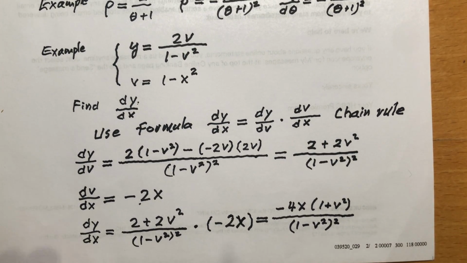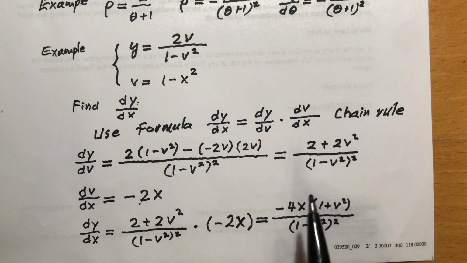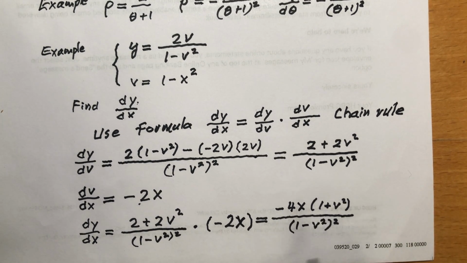Now this is my result, dy by dx, by using the chain rule. You will notice that on the right-hand side, you not only have the variable x, you also have the variable v. But this is all right. This is your answer. So don't worry that you have two variables.